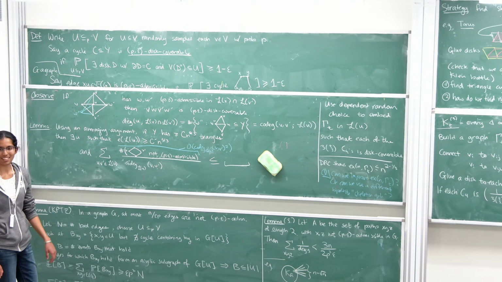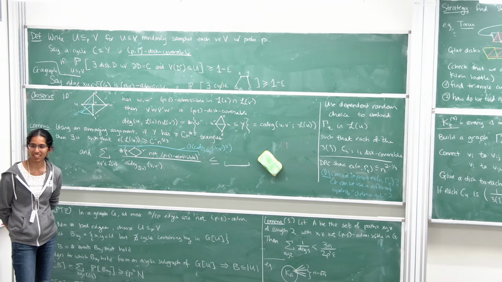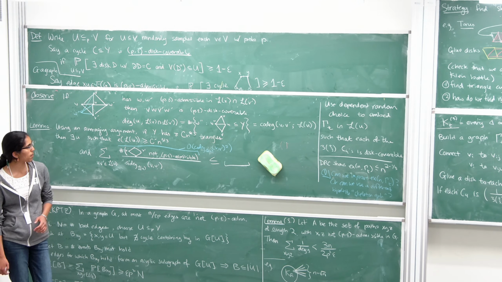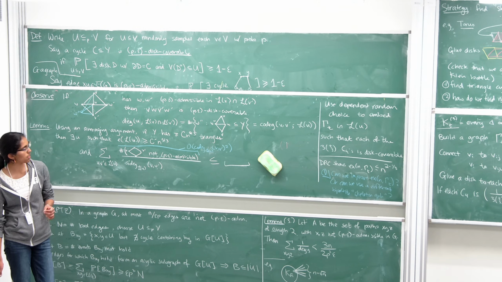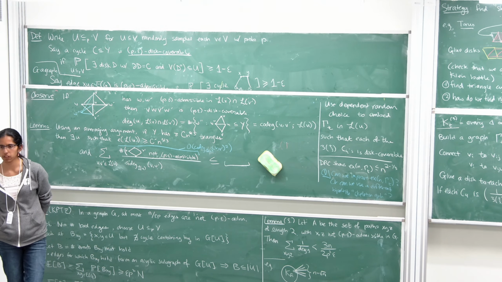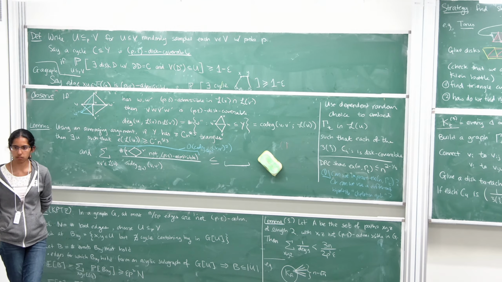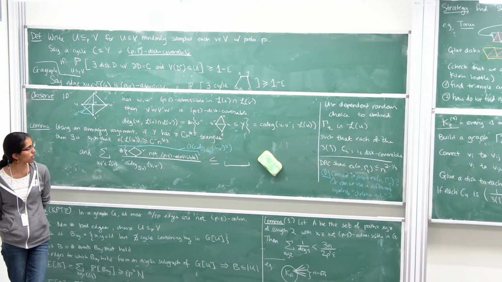Because in the graph case, you want to color vertices so that no edge is monochromatic. So Mader's theorem tells you that: you want to color the vertices of the graph so that the number of colors is bounded by some function of t, and you can do that if there's no subdivision of K_t.